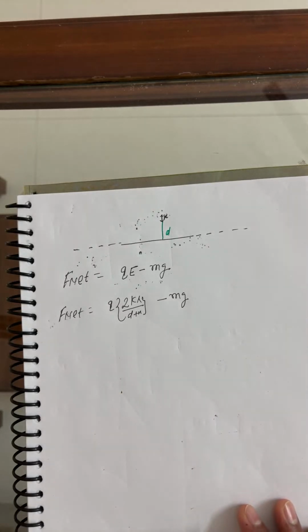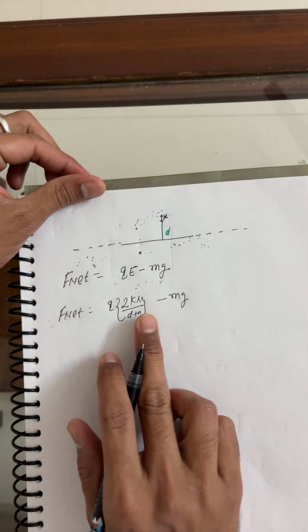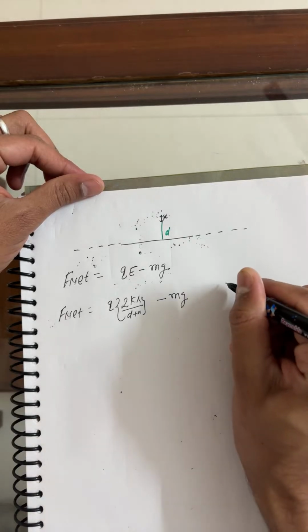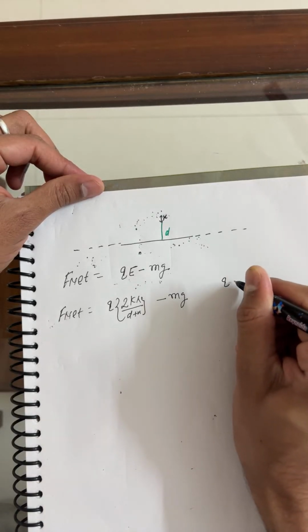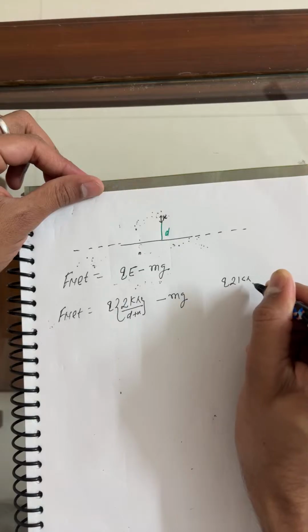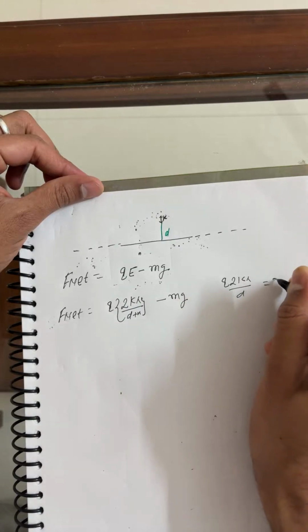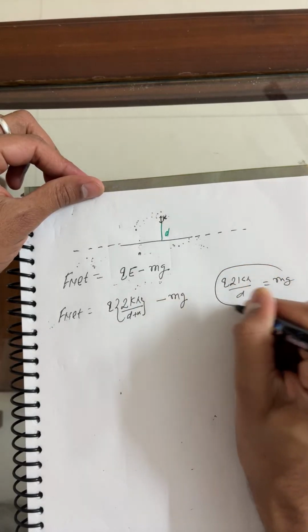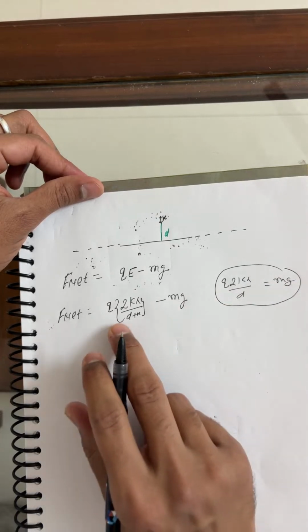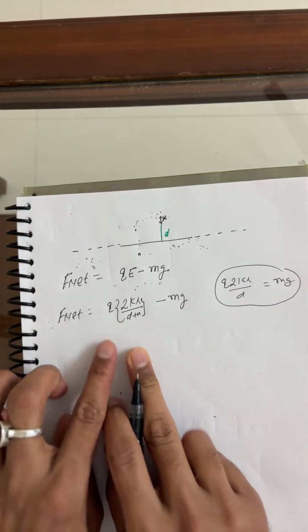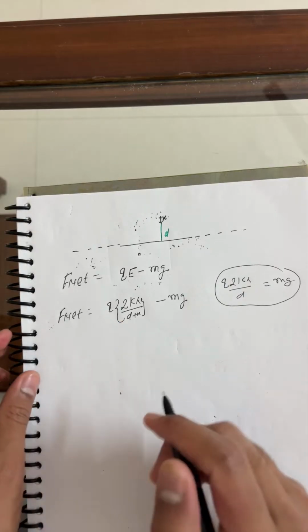Now just do one thing here. Just now, previously, we already calculated the result: Q·2kλ/d equals mg. Now I'll use this result here. So I'll take d common from here.